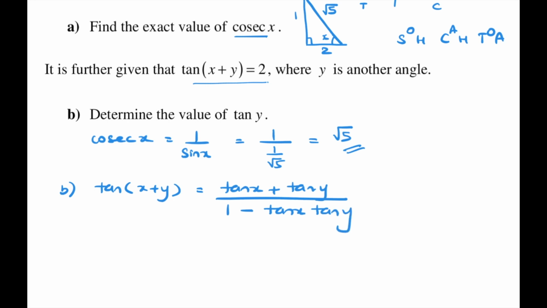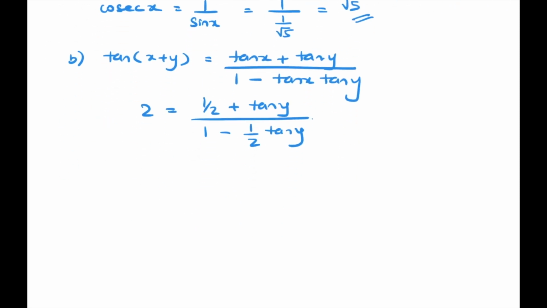We are given that tan of (x plus y) is 2, and we already know that tan x is 1/2, so we are to figure out what tan y is. I'm just putting everything that I know into my equation, and from here I'm going to get rid of the denominator by multiplying both sides. So 1 minus 1/2 tan y equals 1/2 plus tan y.